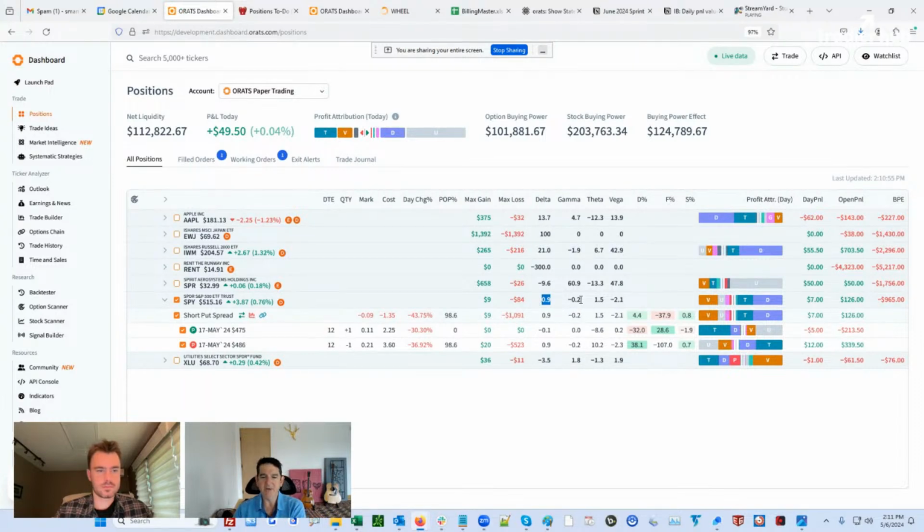The gamma is how much the delta will change if the stock moves. And then the theta is how much you're making each day. So we have 12 days and we have 1.5 theta. It's not quite a straight line. If it were a straight line, it would be, I don't know, 80 cents or something.